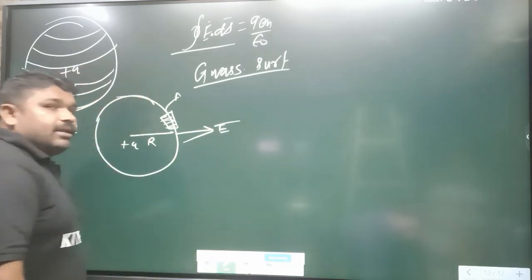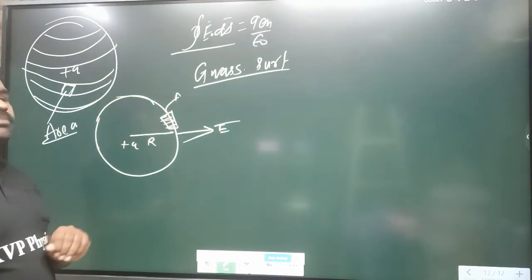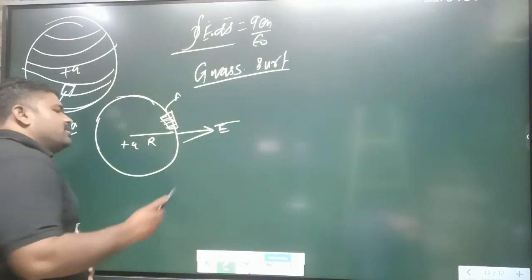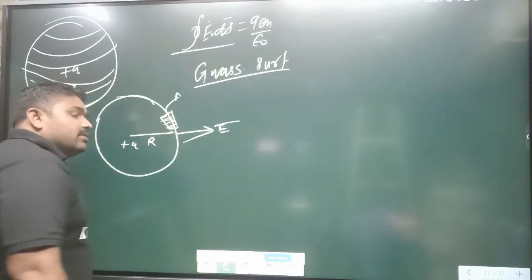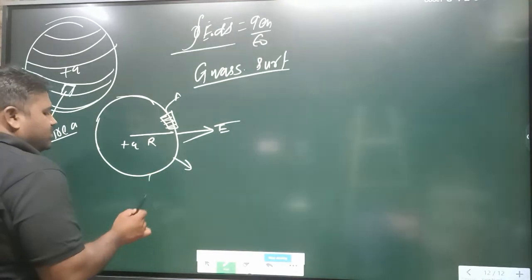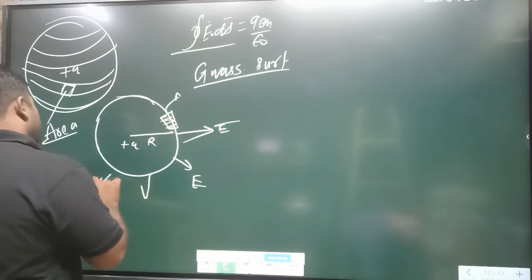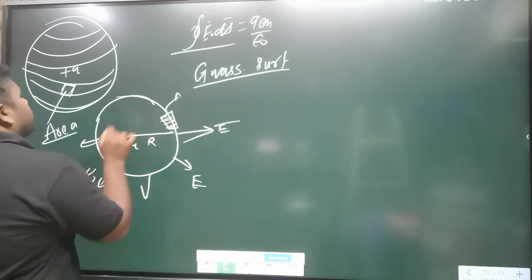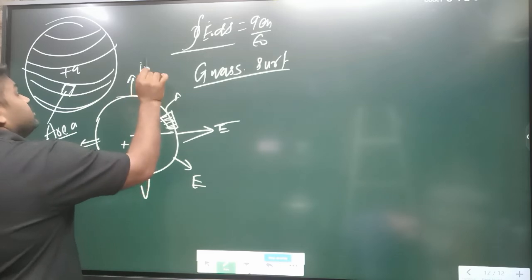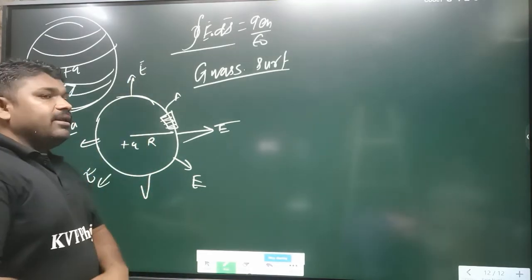This is away from the source because here we consider the plus charge. This is normal at each and every point, normal to the surface. The electric field direction is always normal to the surface. Yes or no? First one: this is the electric field direction. Second one: area vector direction.